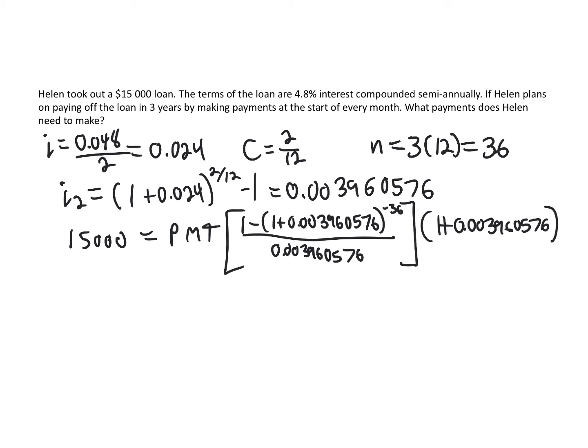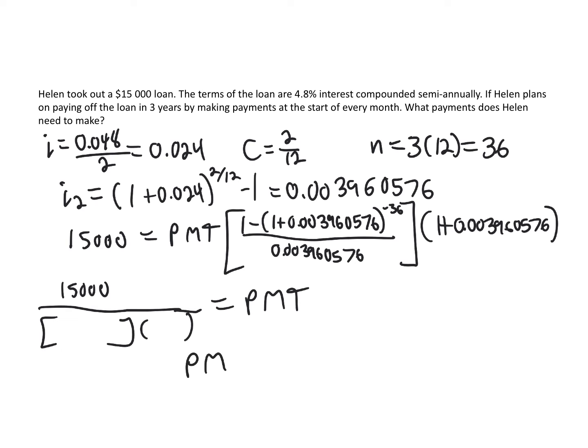You could calculate out the right-hand side, then divide the 15,000 by it, or just move everything down so you'd have 15,000 divided by that big square bracket and that little round bracket to equal payment. When you calculate this out, you will get 446.13.